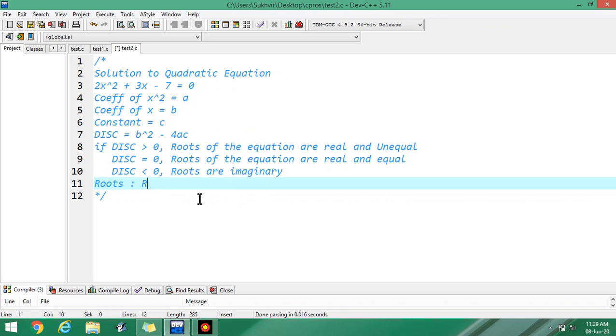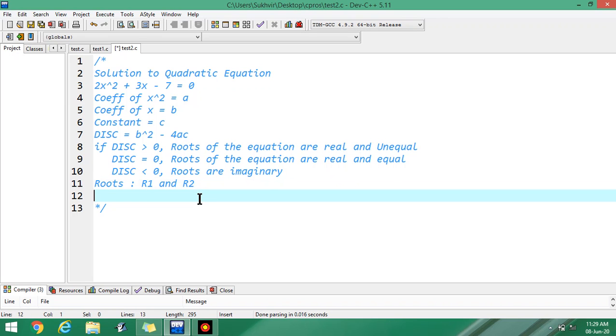Let the roots be R1 and R2. These are the two roots. For the calculation of R1, we can write minus b plus square root of discriminant. Then you have to divide this value by 2a.